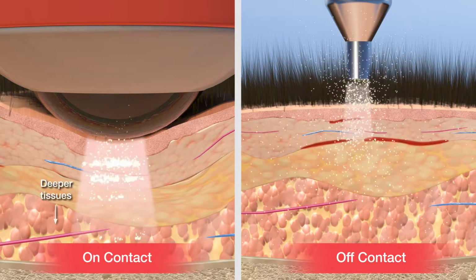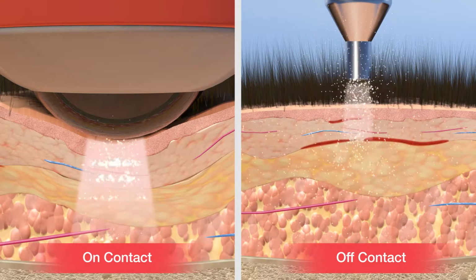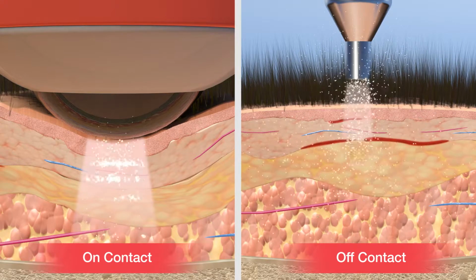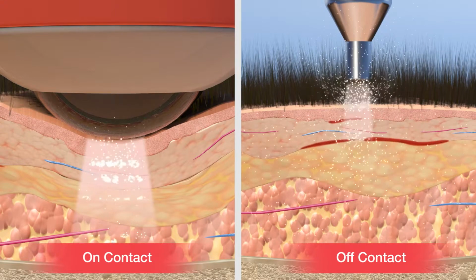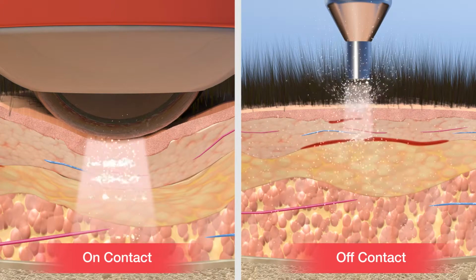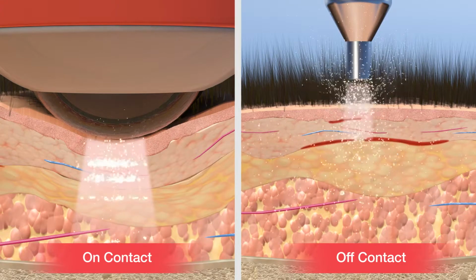Therefore, when treating off-contact, more energy is necessary to deliver the same number of photons at depth that could be delivered in an on-contact mode. When treating on contact, reflection from the skin and absorption and scatter from intervening tissues are reduced, resulting in more efficient delivery of energy.